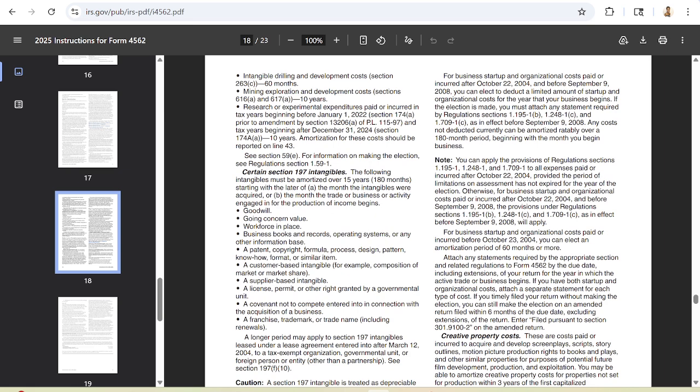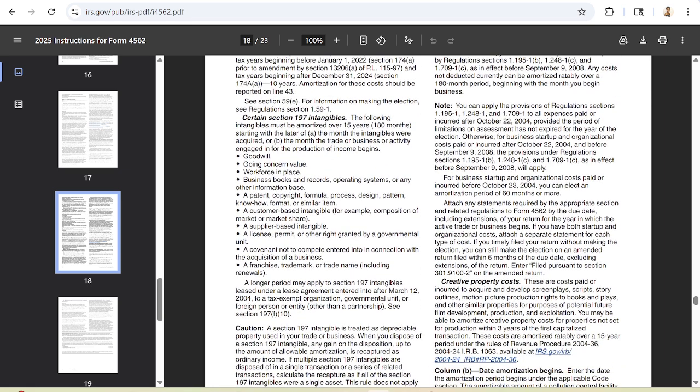You have intangible section here. Those things that if you purchase it for your business, or you have it for your business, license, permit, and patent, those will be amortized, not deducted as an expense, and for 15 years. It should be in the same area.